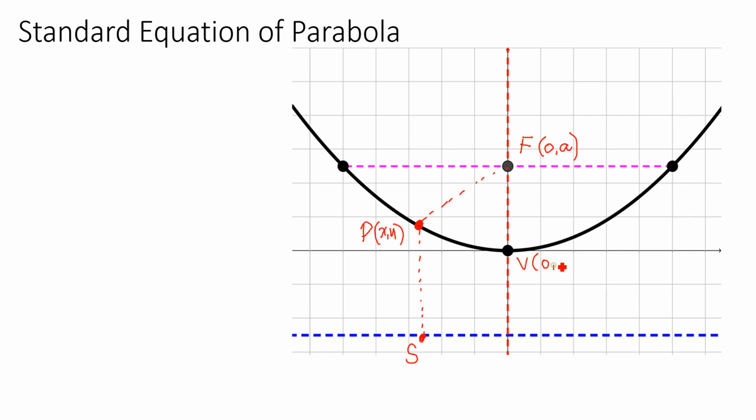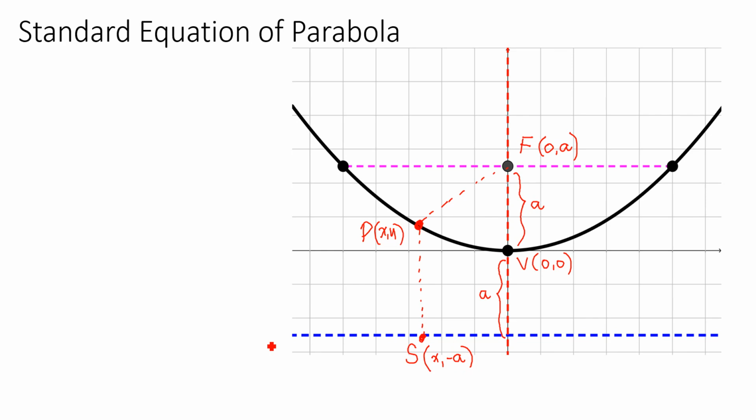Take note that this distance is A. Therefore, the coordinates of the focus F are (0, A). This is also A. Therefore, the coordinates of point S are (x, negative A).